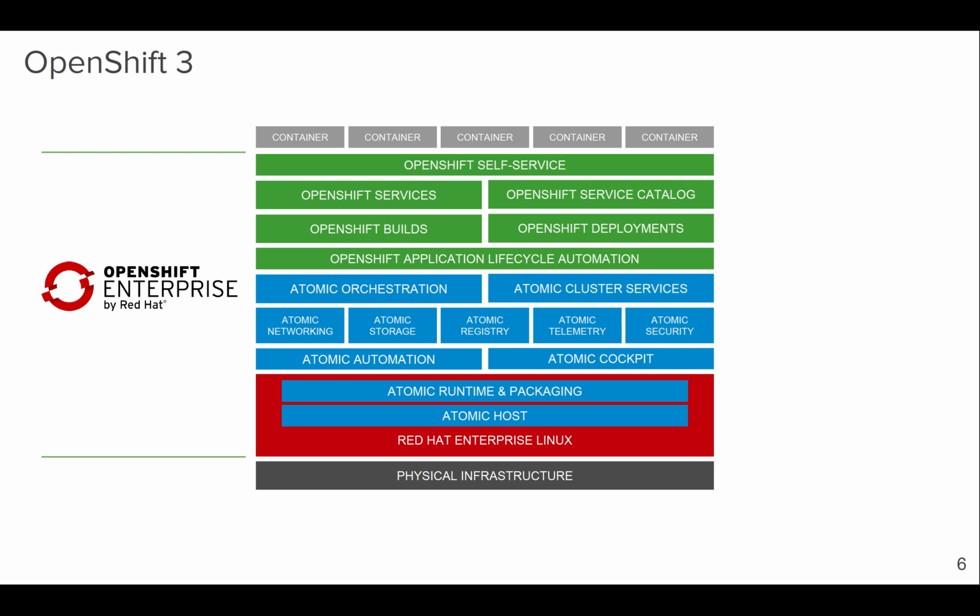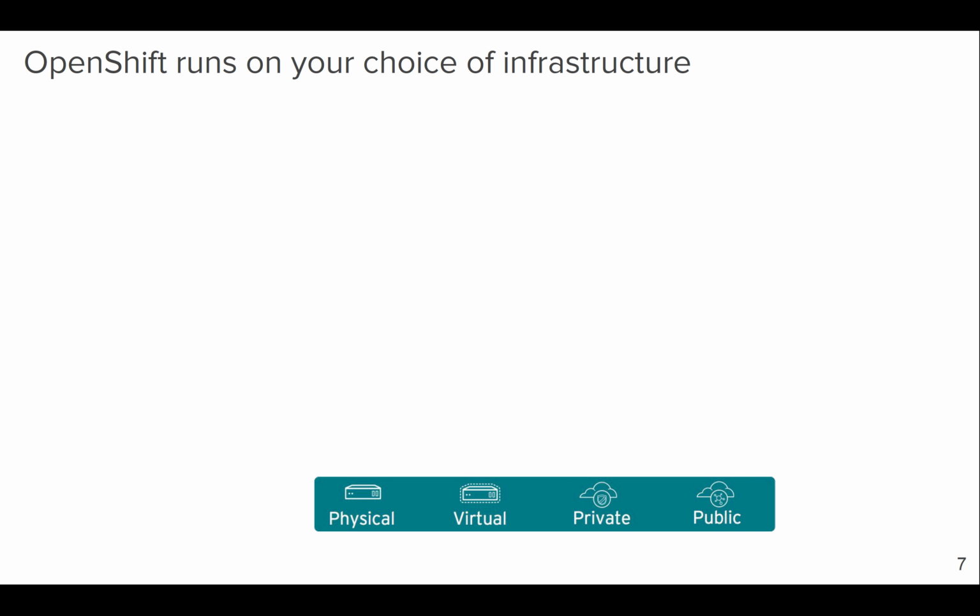It includes technologies like Docker and Kubernetes to provide the container runtime, support for the packaging format, and container orchestration. On top of it, Red Hat provides a lot of OpenShift-specific things like software defined networking. You are able to create your own service catalogs and do your own self-service, and on top of that you will run your containers. Now, how do you start?